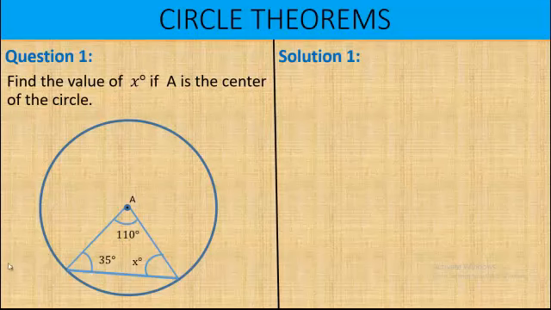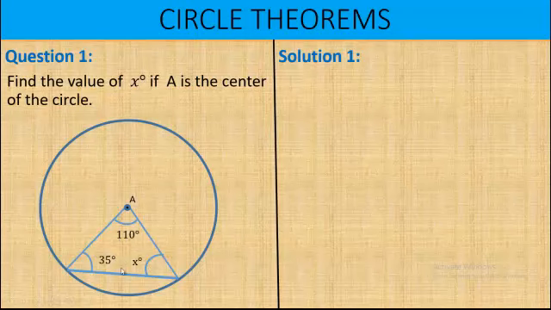If you remember the theory or the property, it says that the base angles are equal when an angle subtends a chord at the center of the circle.